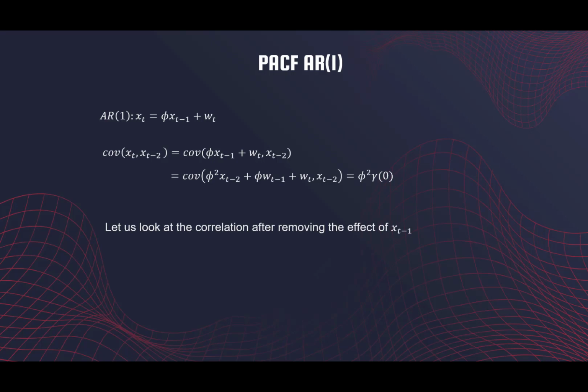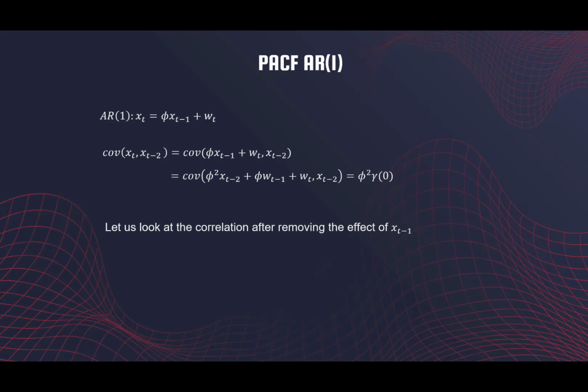Now let's look at the partial autocorrelation function. That is the correlation between these two points after we remove the effect of x_{t-1}, okay? So if you want to remove the effect of x_{t-1}, we will be regressing x_t on x_{t-1} and x_{t-2} on x_{t-1}, right? Remember, this is the effect we want to remove.